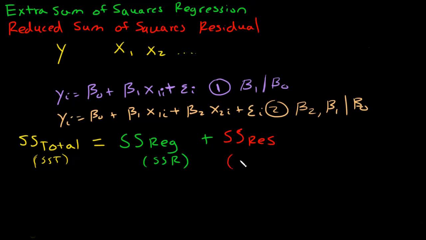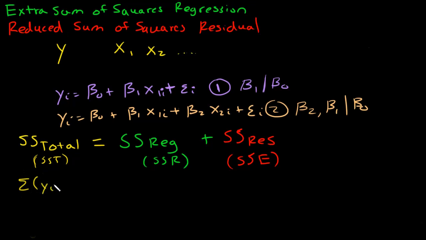Notation-wise, your textbook might use SSE. Personally, I'm not a fan of this notation because R is both in residual and regression, so students often get confused with it. But I just want to point out that you can have either notation. Okay, we've shown this before that you can partition the sums of squares like this, right? And let's just remember, what is sums of squares total?